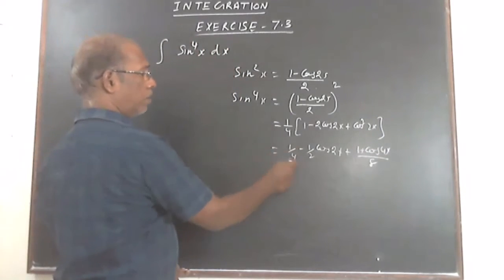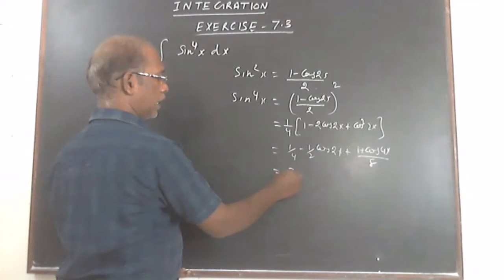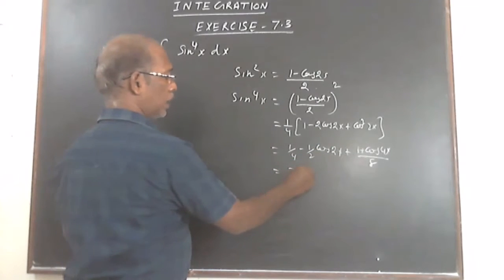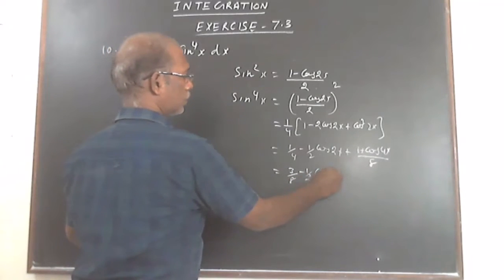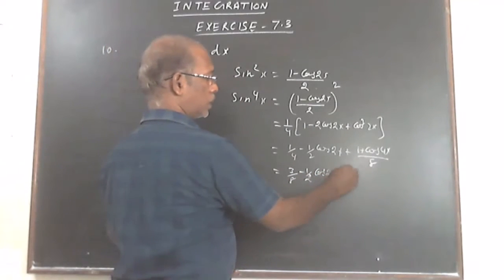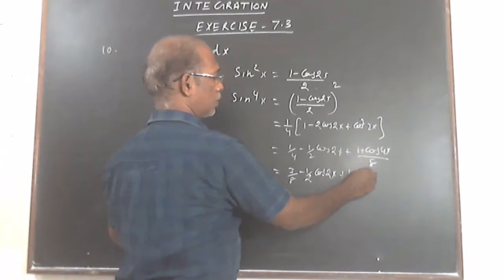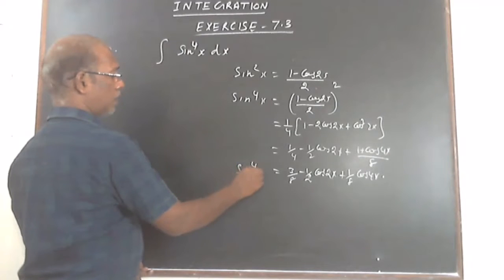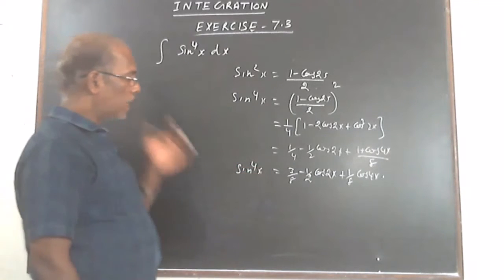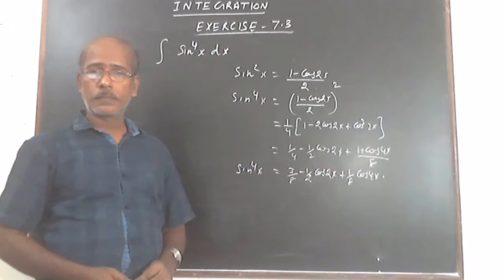If we combine 1 by 4 and 1 by 8, we get 3 by 8 minus 1 by 2 cos 2x plus 1 by 8 cos 4x. So this is the expansion of sin power 4x using trigonometric identities.